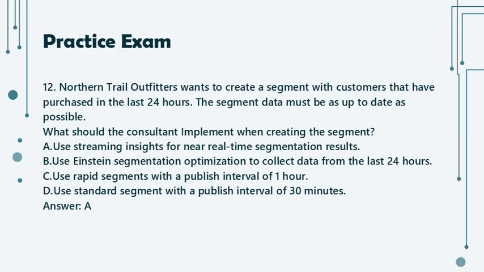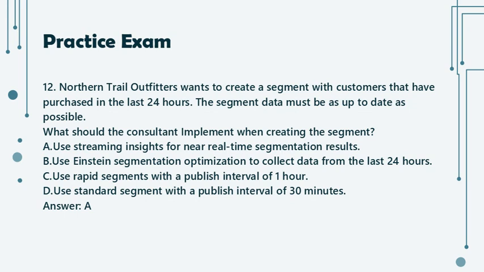12. Northern Trail Outfitters wants to create a segment with customers that have purchased in the last 24 hours. The segment data must be as up-to-date as possible. What should the consultant implement when creating the segment? A. Use streaming insights for near real-time segmentation results.